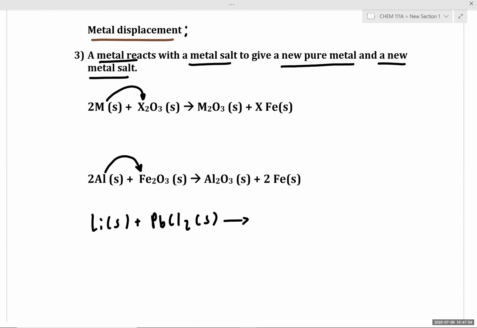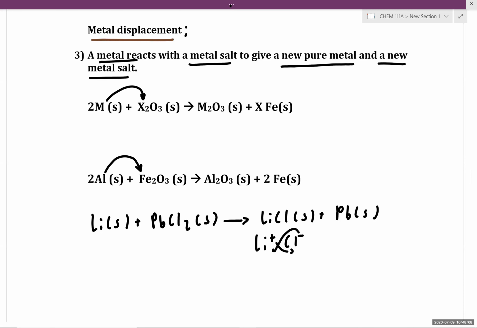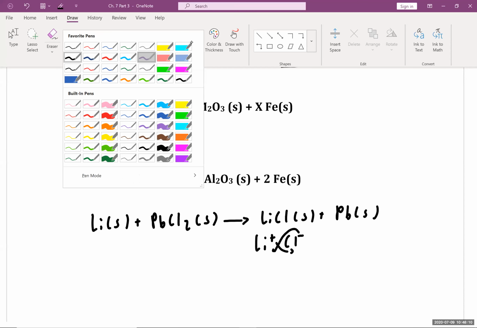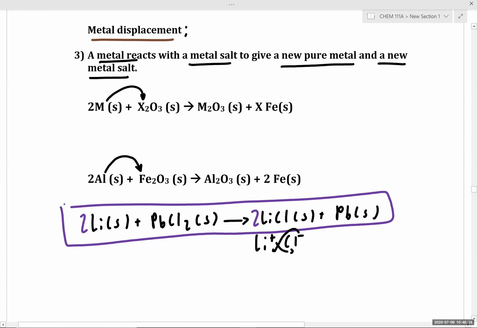Lithium chloride plus lead. Right. So we have lithium plus Cl minus. We cross our charges. That gives us lithium chloride solid. And we also generate lead as a byproduct. Now we adjust our coefficients to balance chlorine and balance lithium. And now we have a complete balanced equation.